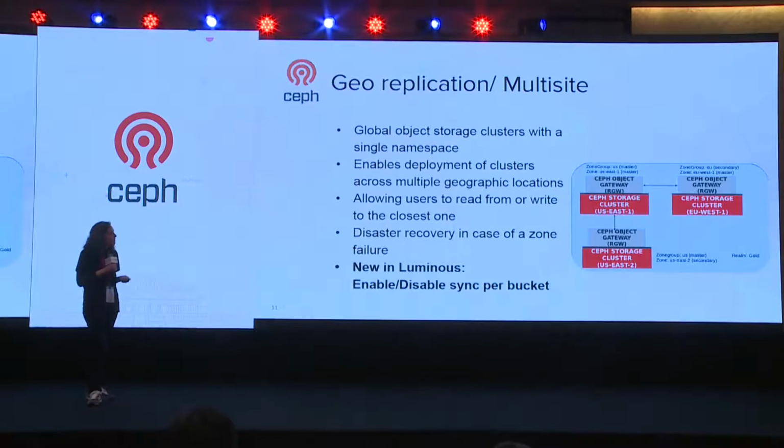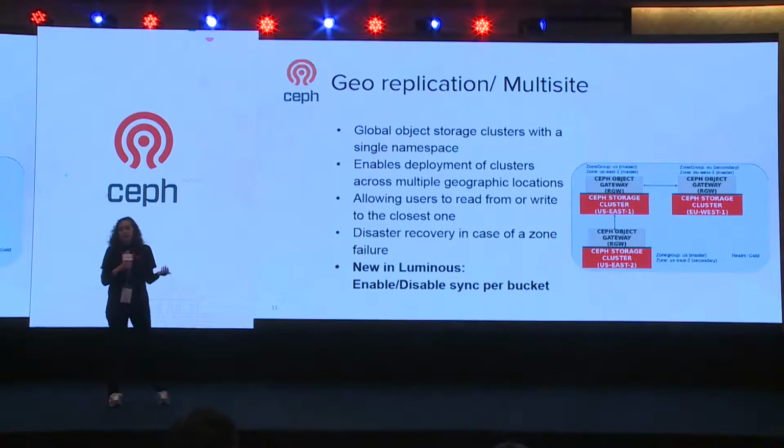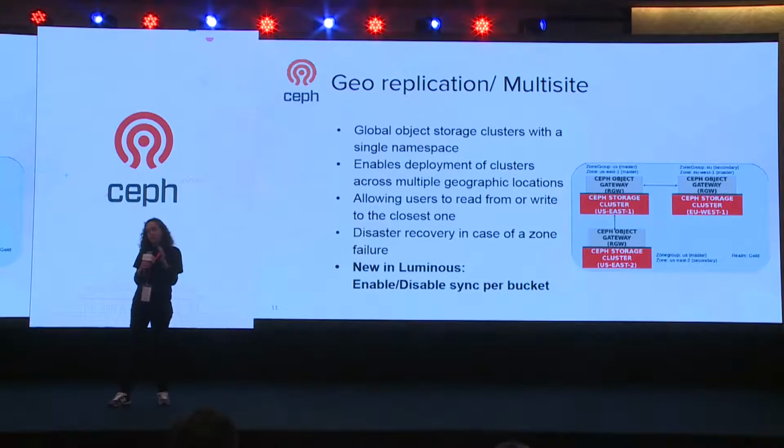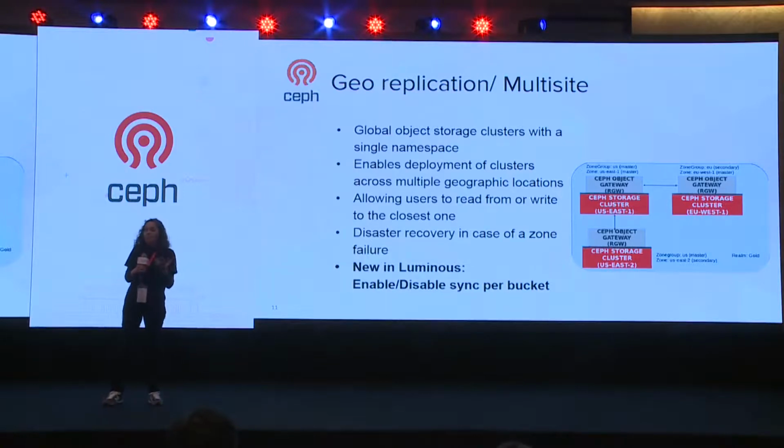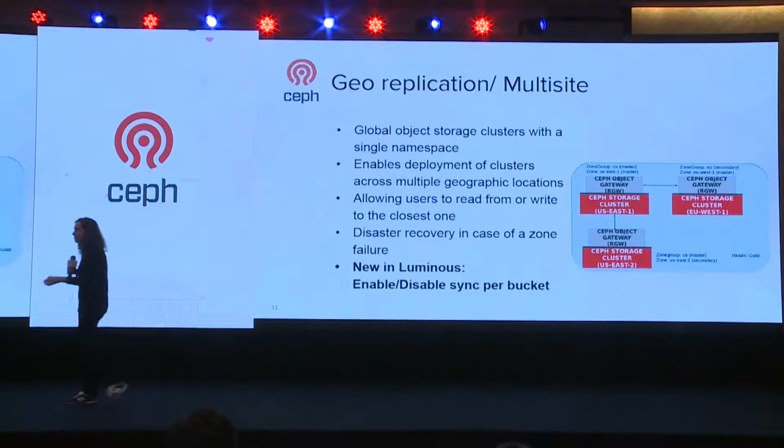Those are synchronous. You can configure the replication to be active-active and active-passive. And in Luminous, you can disable and enable synchronization per bucket. Up to Luminous, we would replicate full zones, but now you can have better granularity.